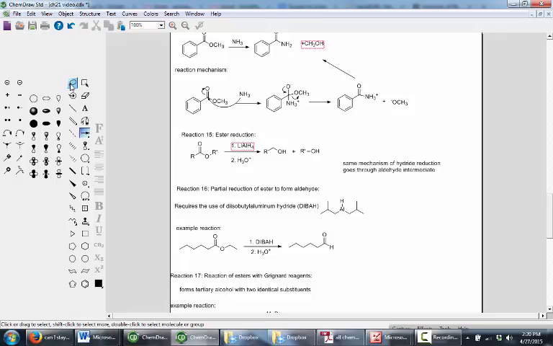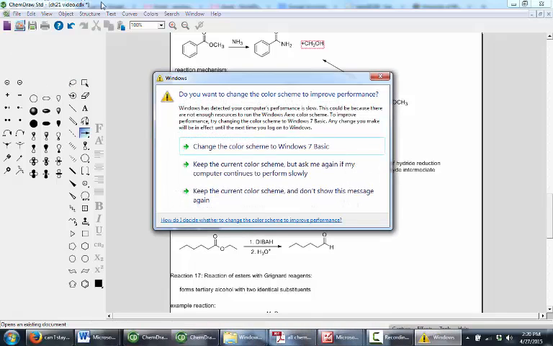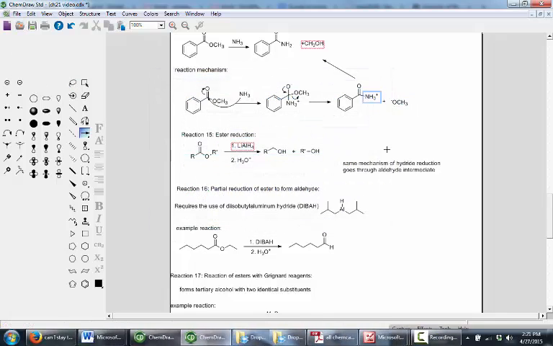For esters, I have another option, which hasn't been available for my other carboxylic acid derivatives, which is that I can do these reactions and figure out a way to stop the reaction at the aldehyde stage. In this particular case, I use what is called DIBAH.